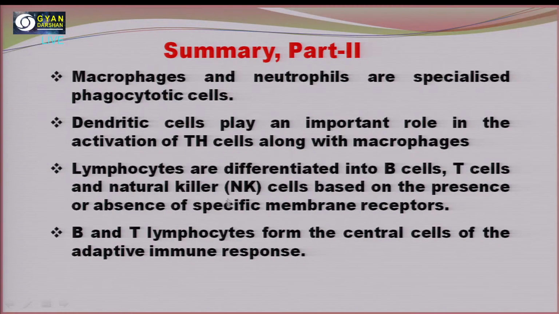Plasma cells are able to generate antibodies, and T cells can recognize through MHC class I and class II. Another is the natural killer cells, distinguished by the presence and absence of specific membrane receptors. B and T lymphocytes are the central cells of the adaptive system.